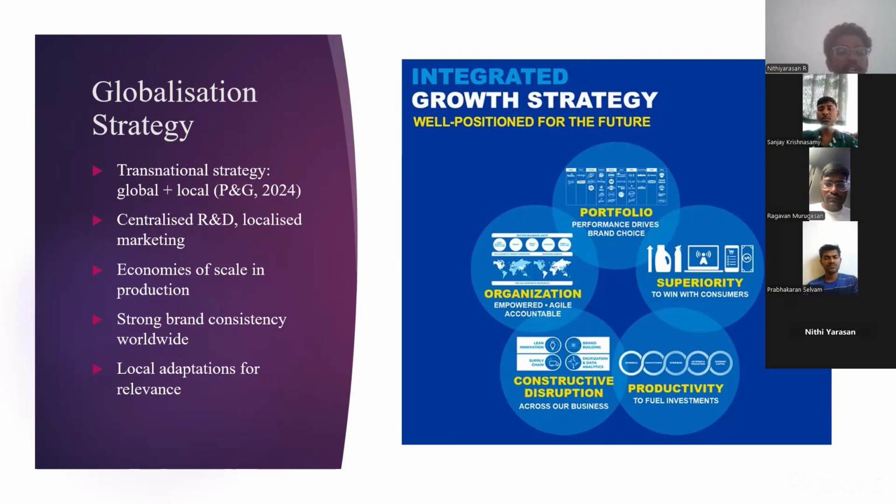Also their R&D is centralized, so they save cost and keep strong research-based marketing analysis. It is highly localized. They keep the products globally consistent but still relevant in each country. For example, what works in India might not work in Europe, so they adapt accordingly. This is the main focus of the global strategy in R&D sectors.